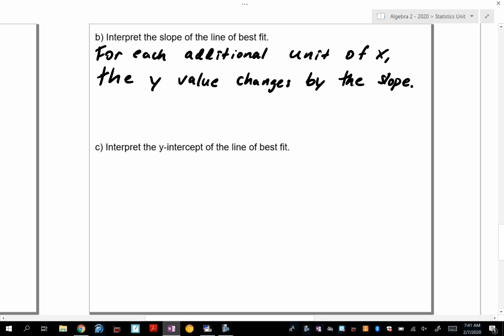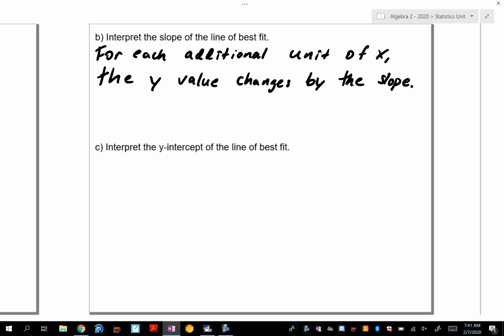What my seniors know is that for every unit that you add on for the x, the slope is going to tell you how much the y changes. You'll notice that's the answer, but it has nothing to do with the cars. So this is called no context.